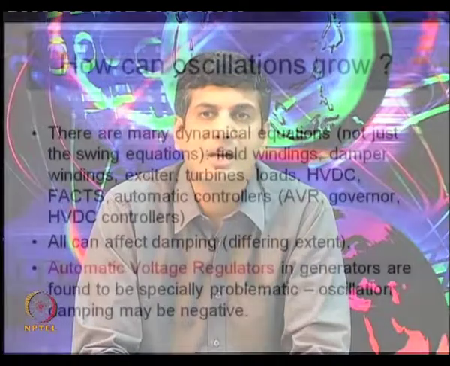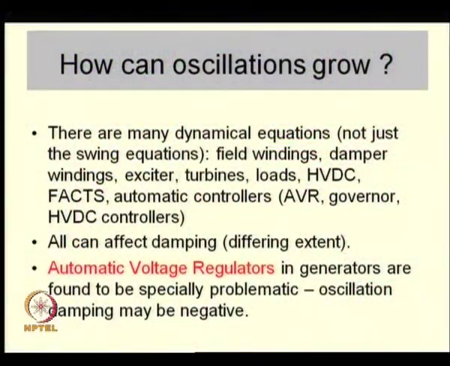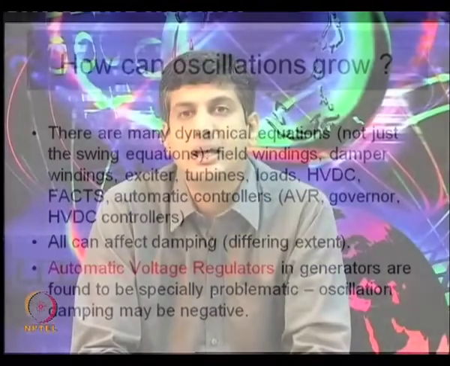What is the special thing which I have said here? The point is that AVRs of course are designed to have a very fast response, so that the terminal voltage of a generator is regulated. Also during disturbances, a large gain and low time constant, or a fast response automatic voltage regulation system, is useful because it overcomes the natural sluggishness of the field winding.